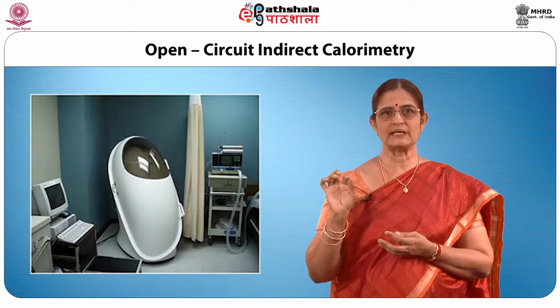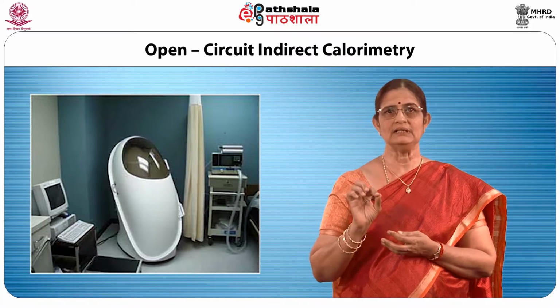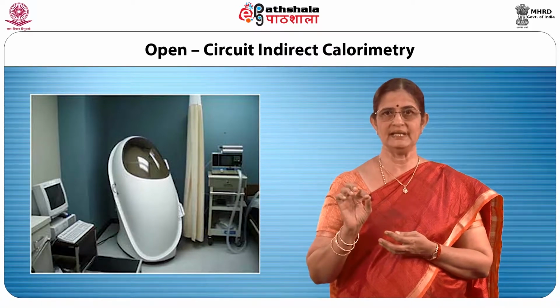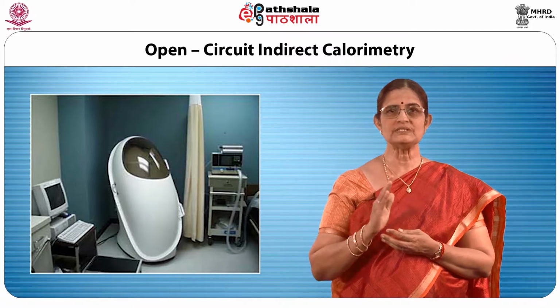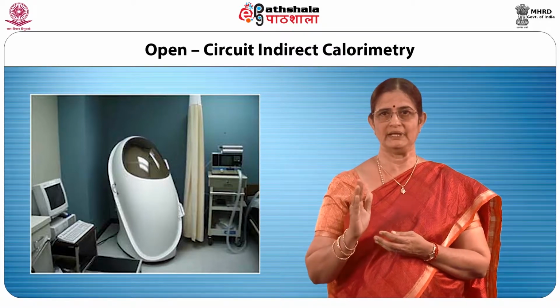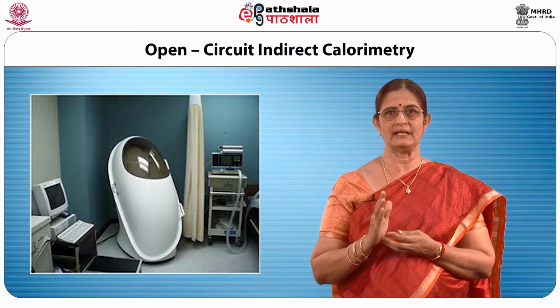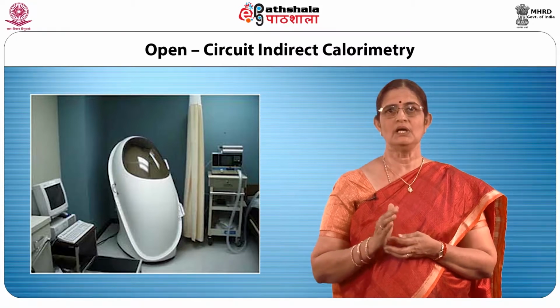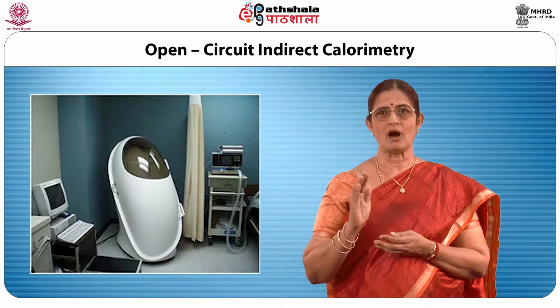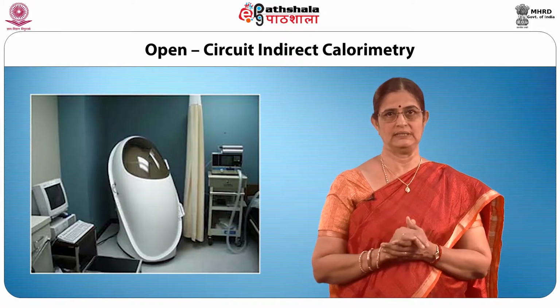The open circuit indirect method is even less expensive than either direct calorimeter or closed circuit indirect calorimeter. It also reduces the possibility of error as a result of the alteration of metabolism caused by the use of oxygen-rich air in the closed circuit method.